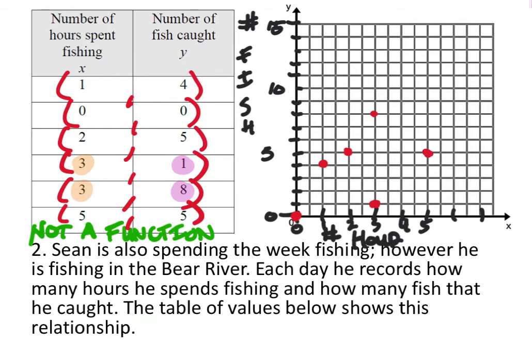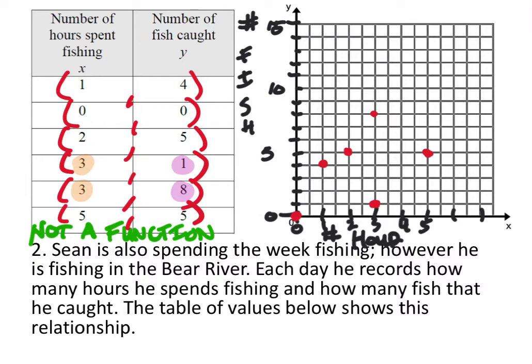Like this, all right? So this is a graph, and again, we can see that we wouldn't want to connect the points. Now, keep in mind that being a function has nothing to do with whether it's a straight line. Like you could say, oh, this one curves, so that's not a function. But that's not true. It doesn't matter if it curves or if it's a straight line when determining if it's a function.